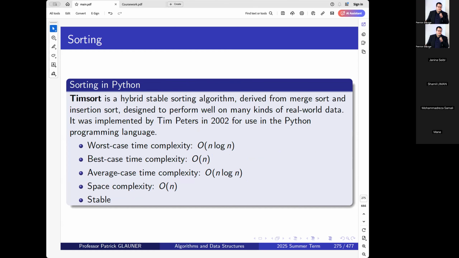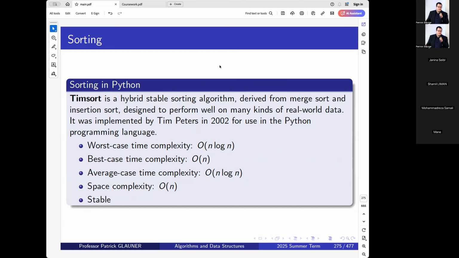We will do a last few slides for sorting in Python. In Python, we have this sorted function that can sort a data set. We have used it in the last lecture, when we discussed binary search and needed sorted data.